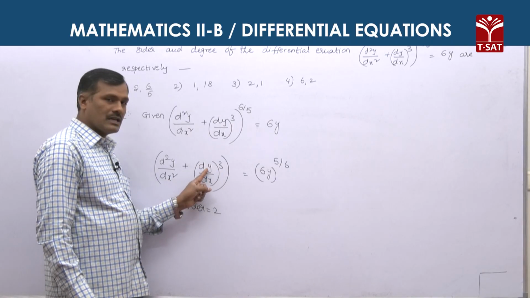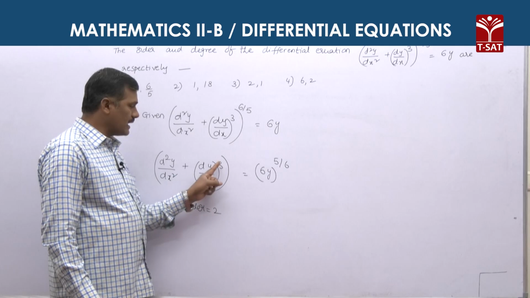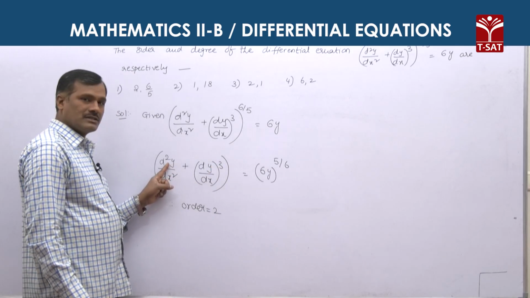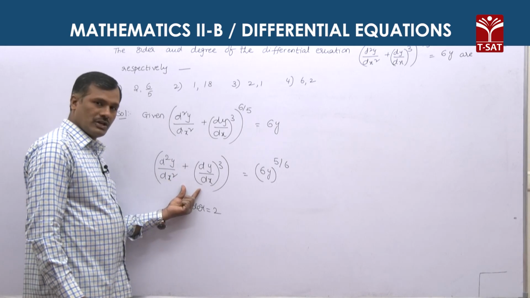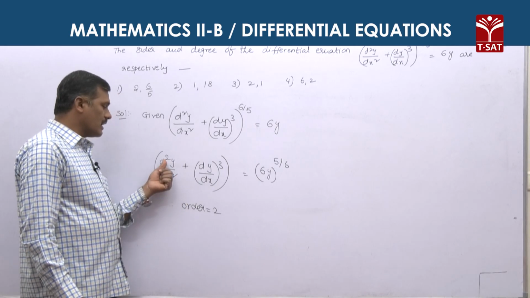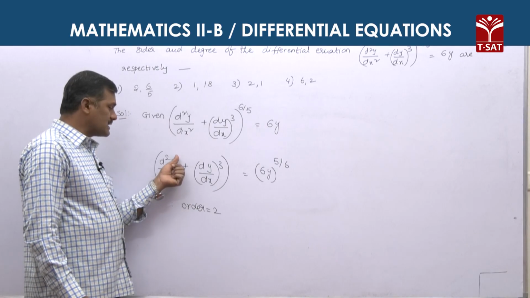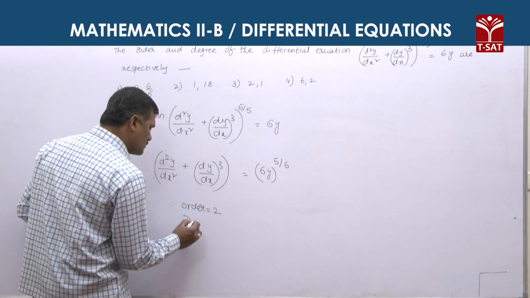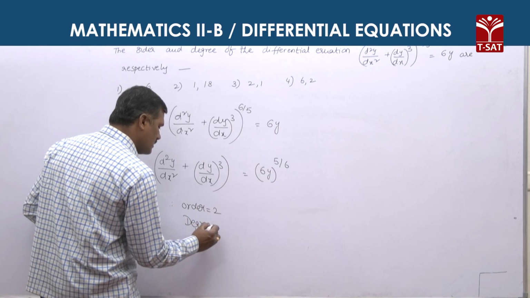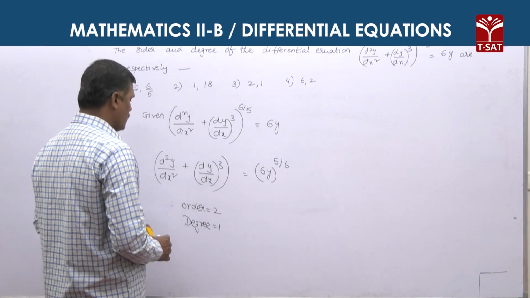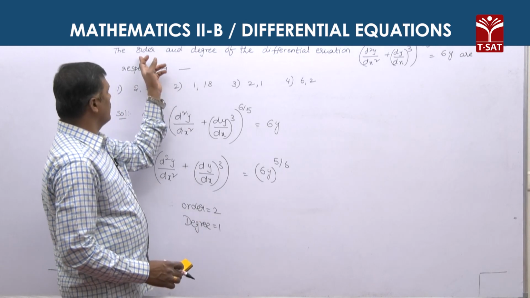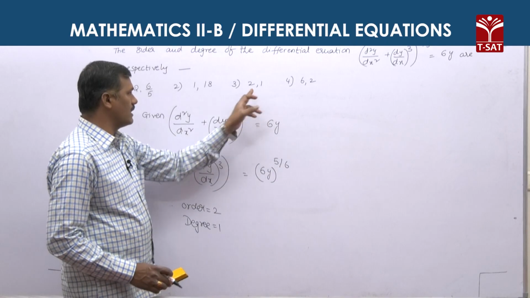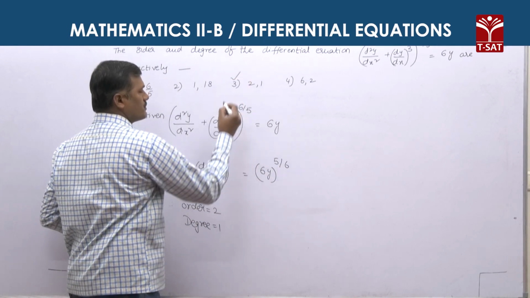It is the second order differential equation, the highest order derivative in our obtained equation. In this, order is 2, and its power is 1, therefore its degree is equals to 1. Here order is 2 and degree is 1. Third option is the correct option.